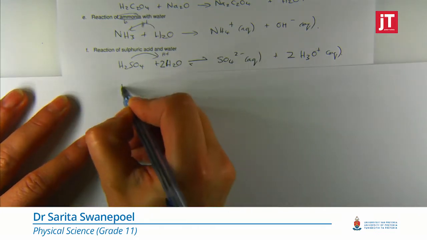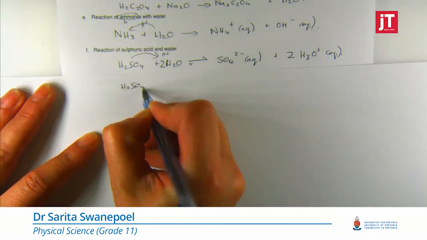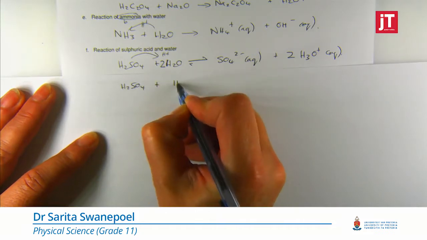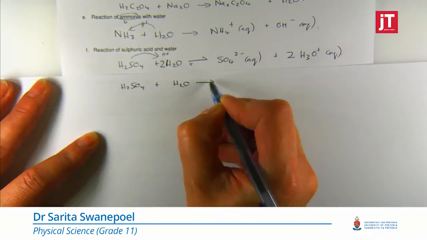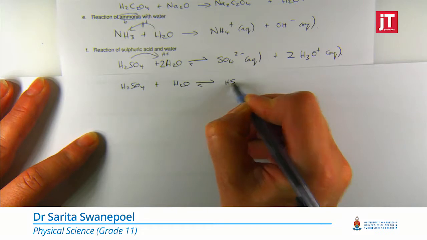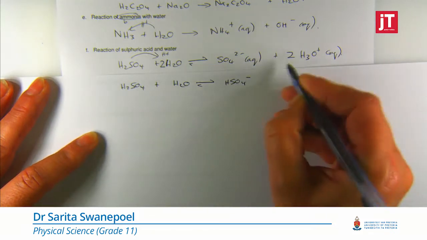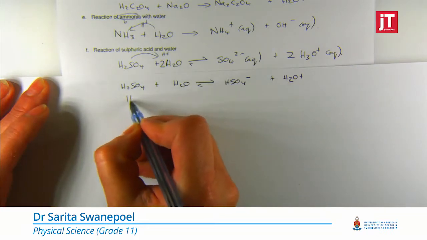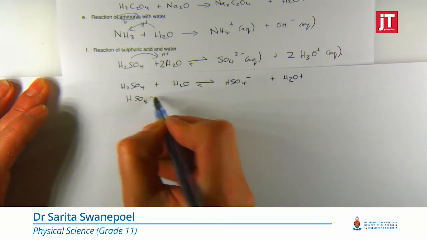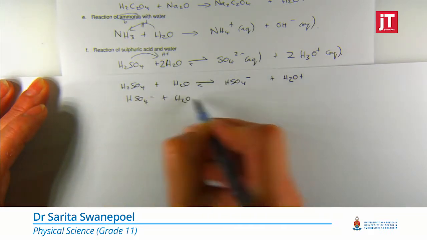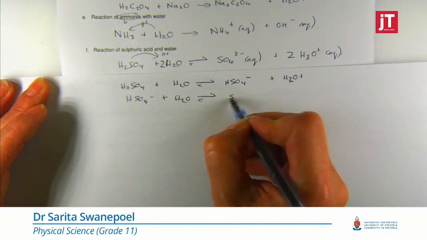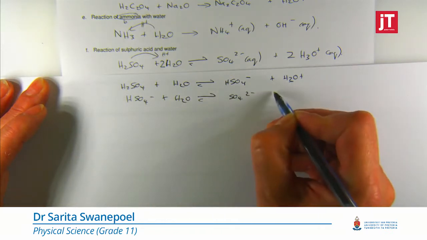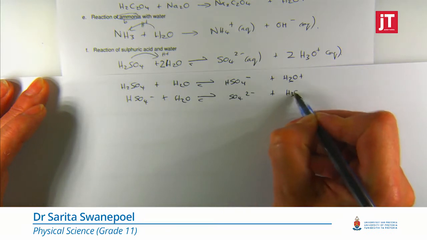You actually have to think H2SO4, this is actually a 2-step reaction. First, it reacts with the first one to give HSO4-, and then what happens is that one reacts further. And it gives off another H+, and then you end up with SO4 2- plus H3O+.